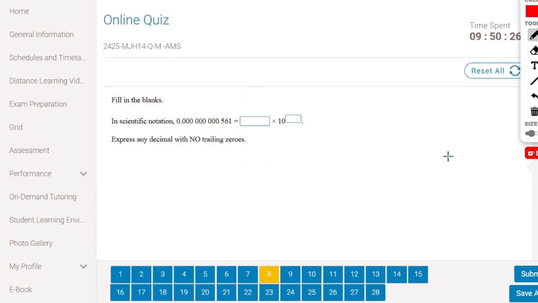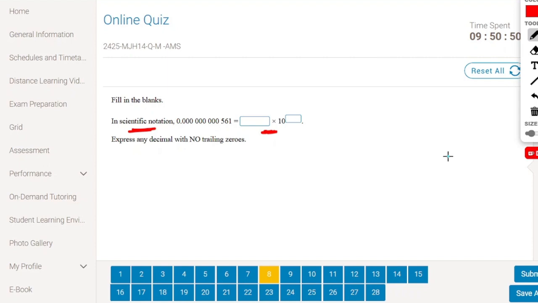Question number 8. Fill in the blank. In the scientific notation, I have 0 point, 9 zeros, 561. I want to convert it to the scientific notation, and there are no trailing zeros. Okay, so how to do this? It means I have to move the decimal point as we mentioned before.